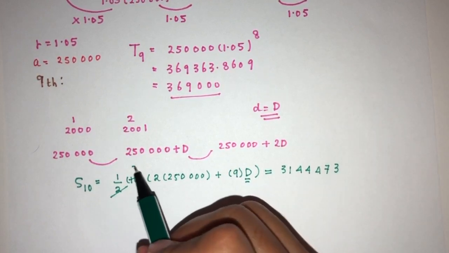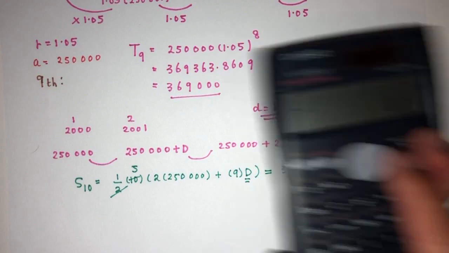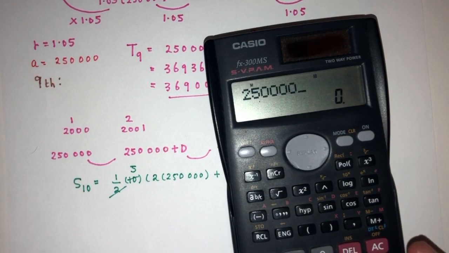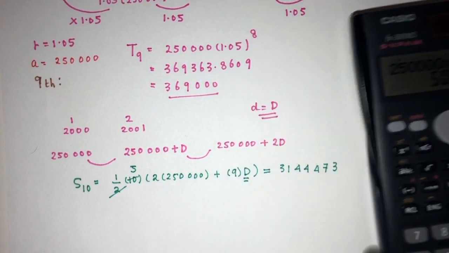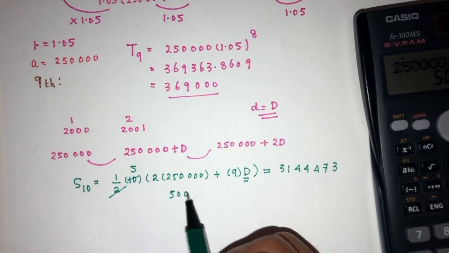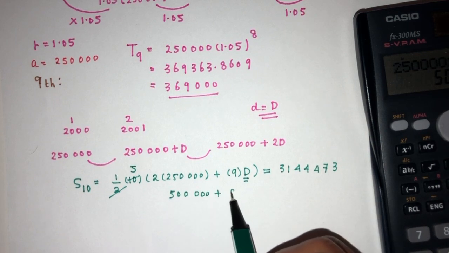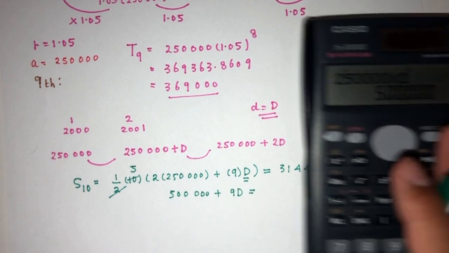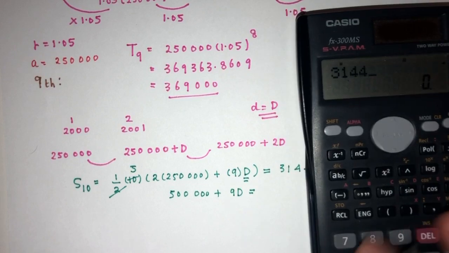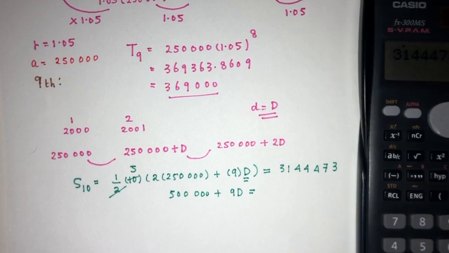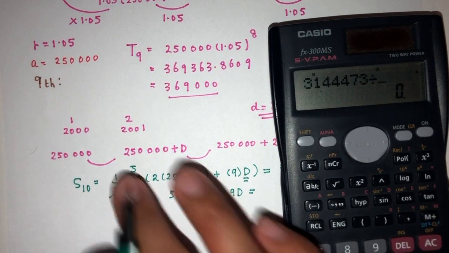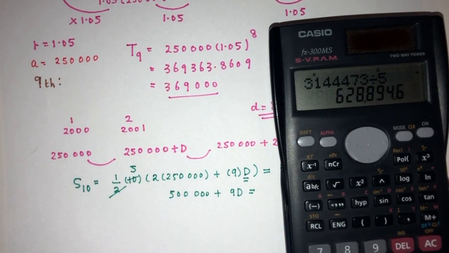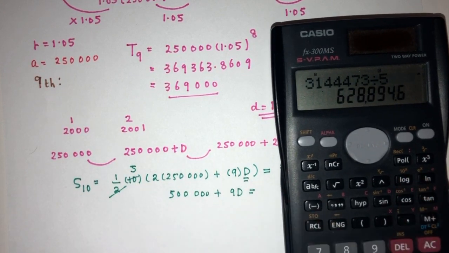Let's find the value of this. Simplify. That will be 5 times 250,123 times 2. That will be 500,000 plus 9d have to be what? 314,473 divided by the value of 5 will be this, minus 500,000.